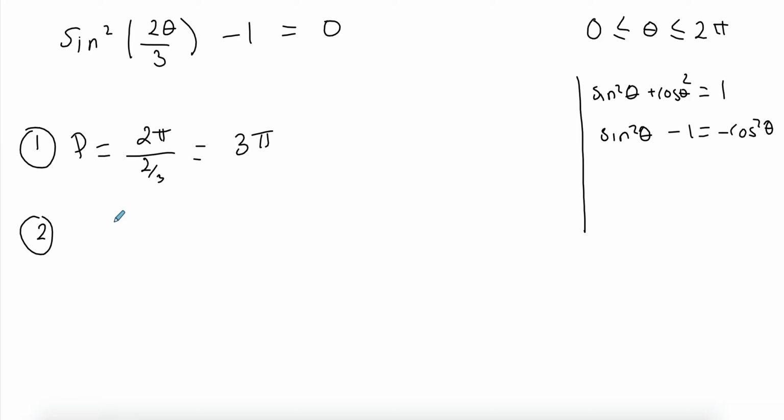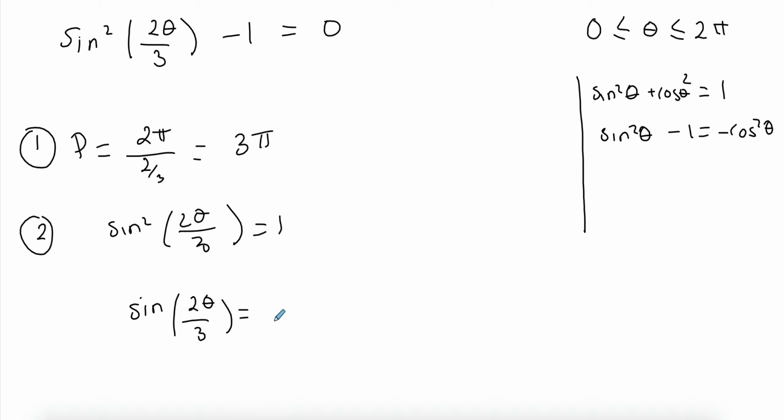So I'm going to solve it for theta, and I get sine of 2 theta over 3 equals 1, and then I'm going to take the square root, but be careful here. Some students do forget to do this. When I take the square root of 1, the answer is 1, but remember you're taking an even root. So when you take an even root, your answer is always plus or minus 1.